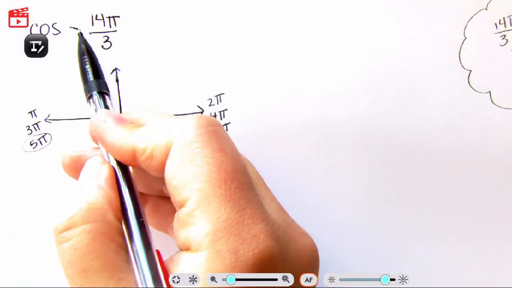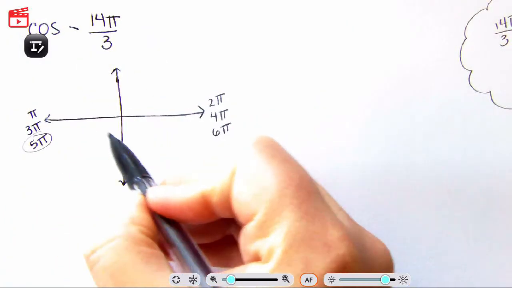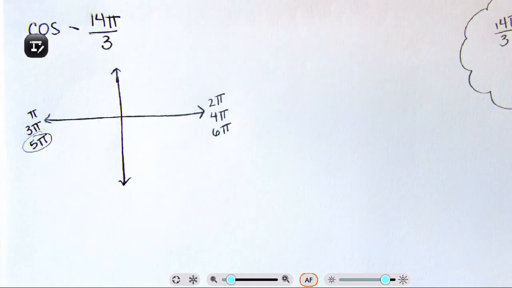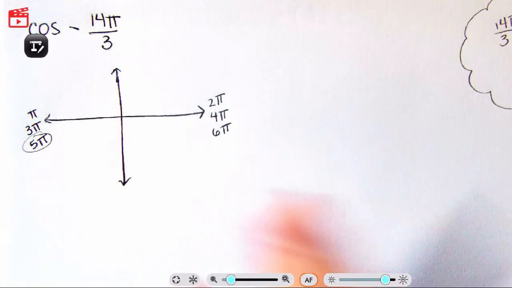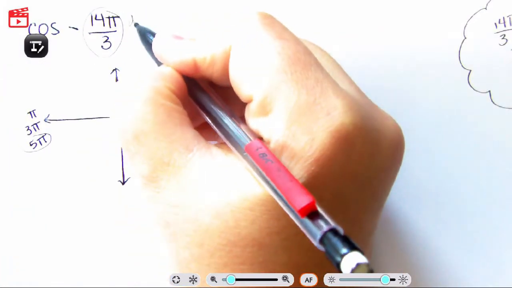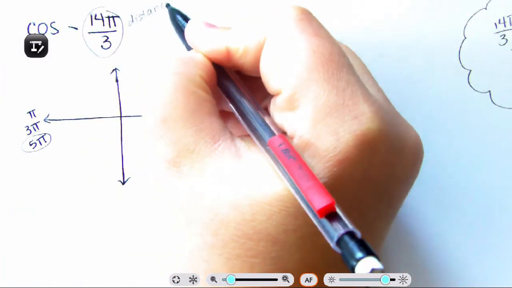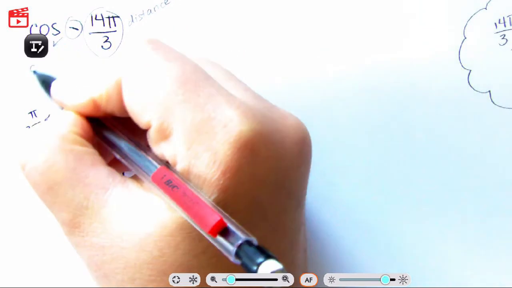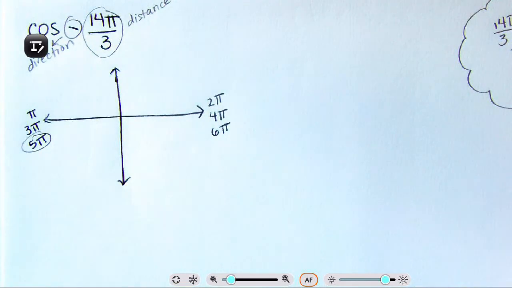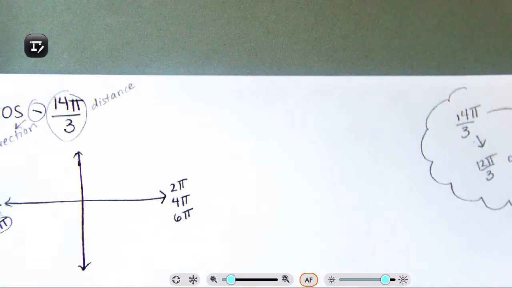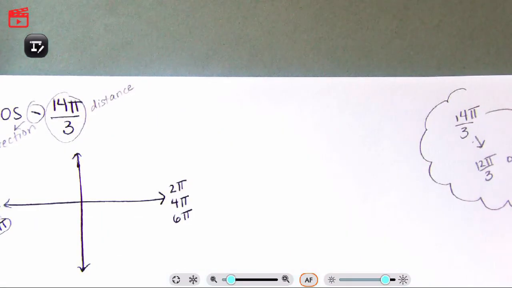Now we're going in the negative direction, so we're going this direction here. You want to be careful of the distance, because this tells you the distance, your angle measure, and this tells you the direction. So we know we're going to end up somewhere pretty close to 5 pi. So I'm going to ask you a question.